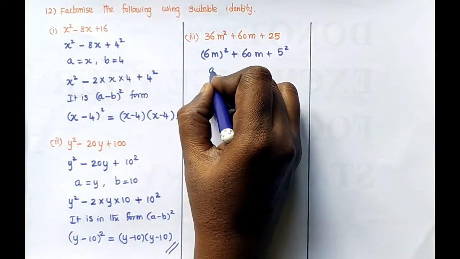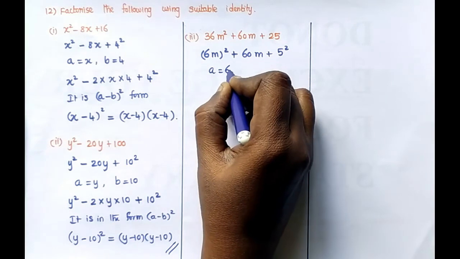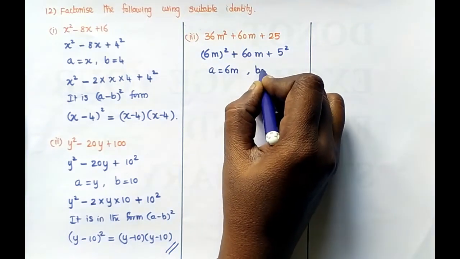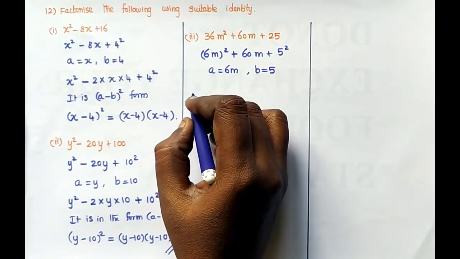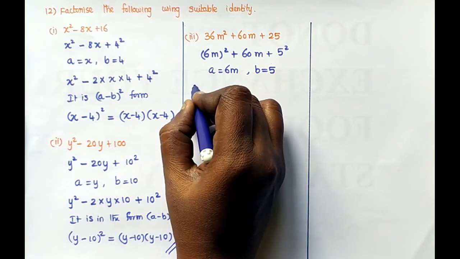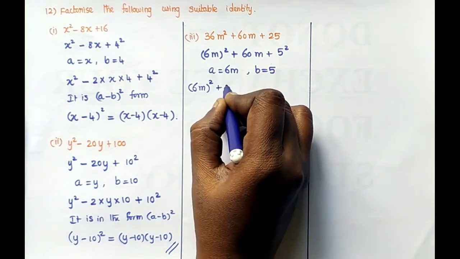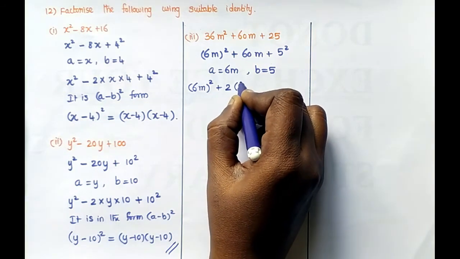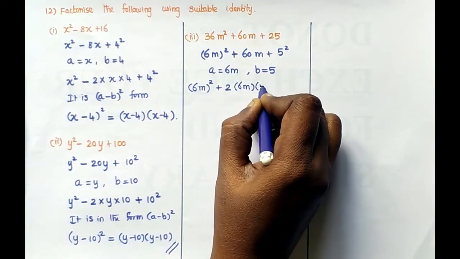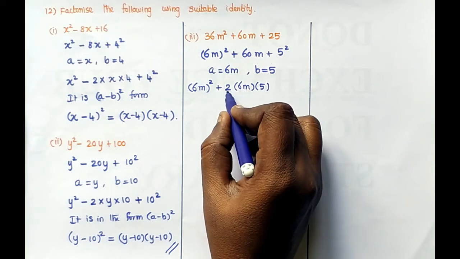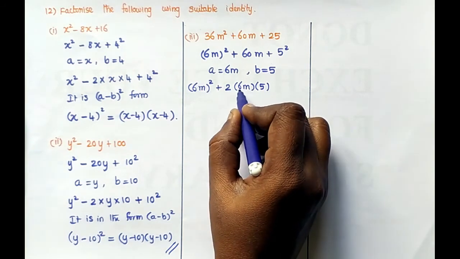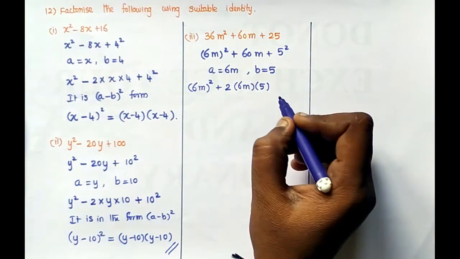Now a equal to what? 6m and b equal to 5. How will you write that? (6m) whole squared plus 2 into 6m into 5. 5 2s are 10, 10 into 6, 60, right?